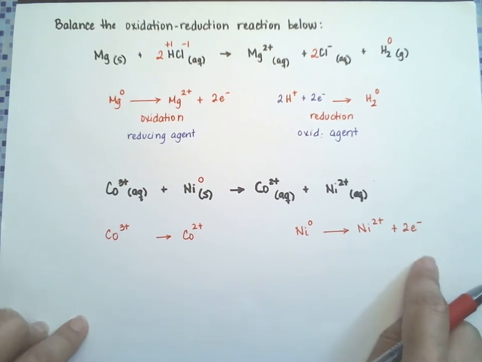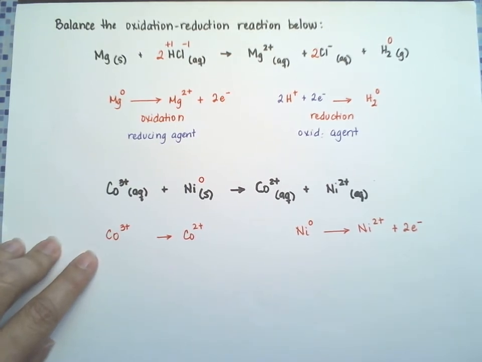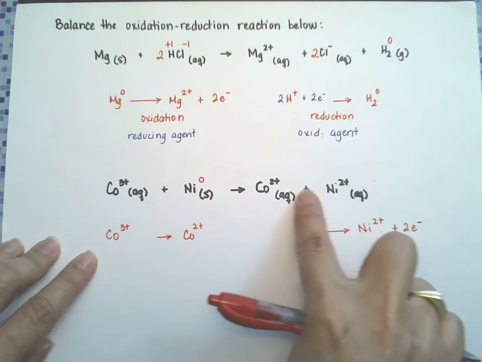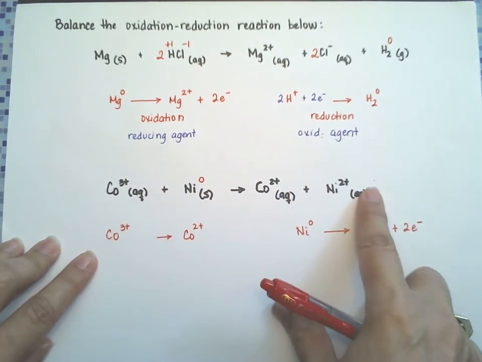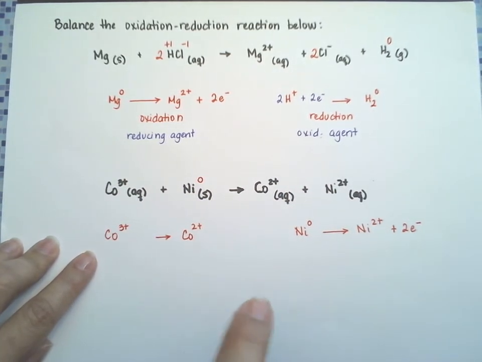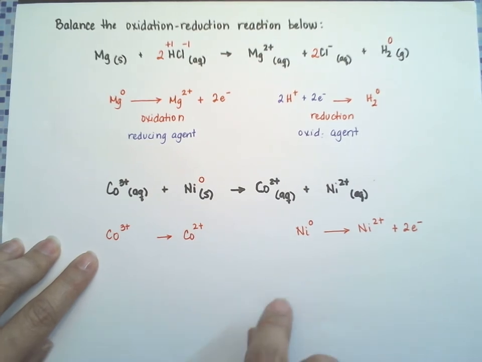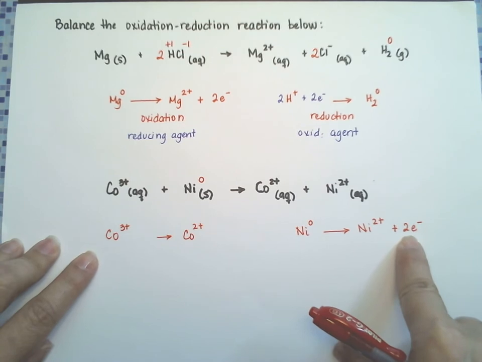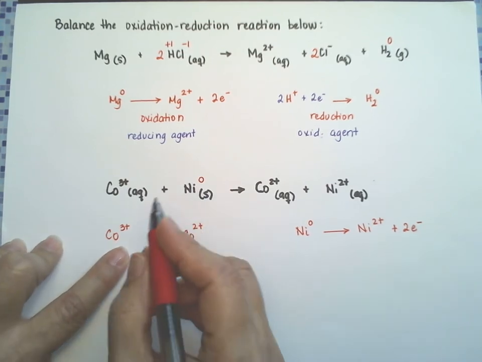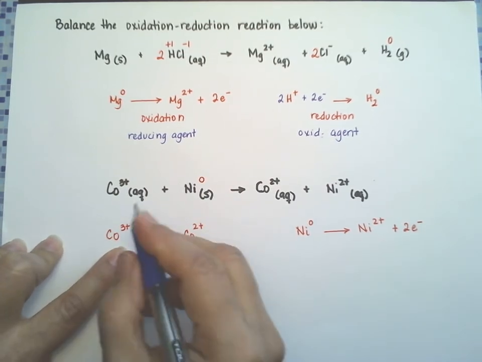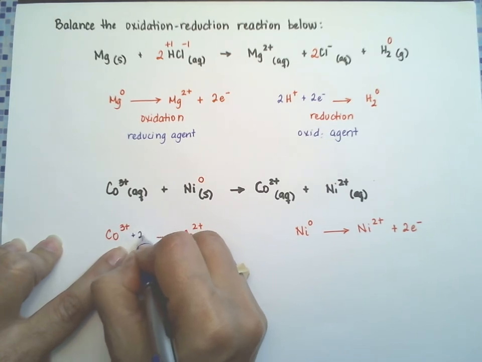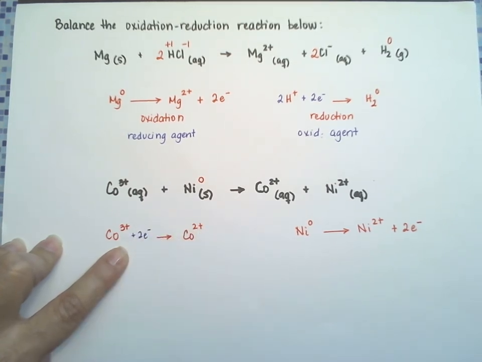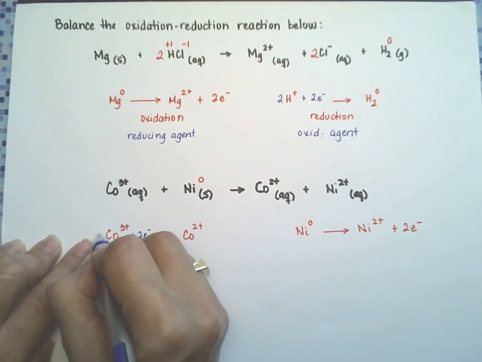And now here's the problem over here. We need to have the electrons balanced. This equation, the way that they give it to us, looks balanced, but it's not balanced in terms of the electrons that I need. I know that nickel got rid of 2 electrons. So the cobalt is the one that's picking up those 2 electrons. So I'm going to need 2 cobalts.